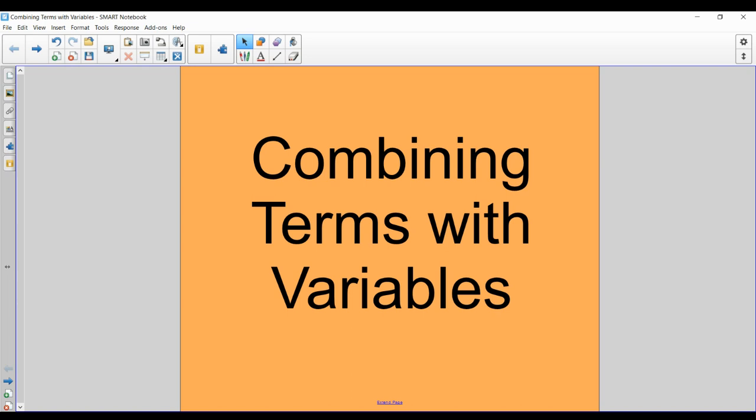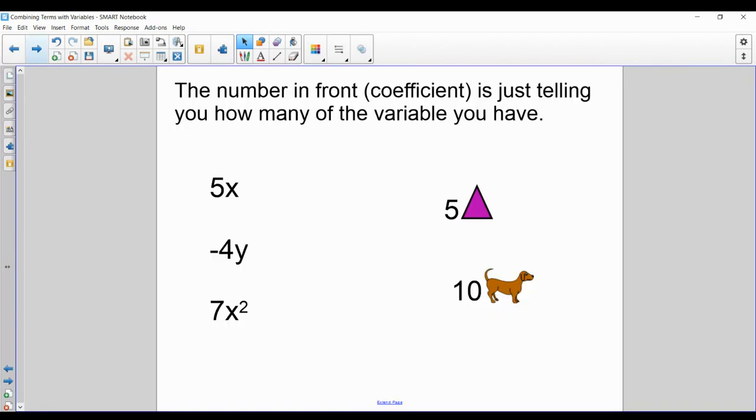Combining terms with variables is just like combining any regular old numbers. Okay, let's look at a little bit of this. If I have a number in front, that's just called the coefficient, and it's telling me how many of the variable you have. So if you look at this, this is saying I have 5 x's.